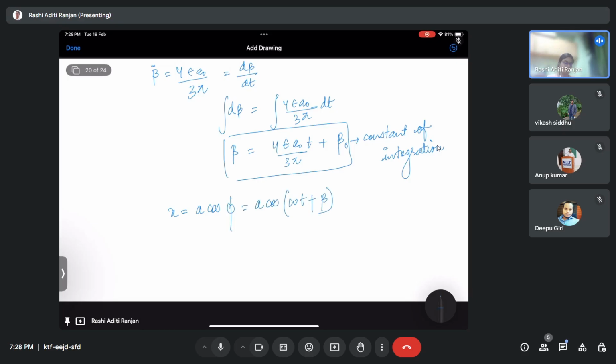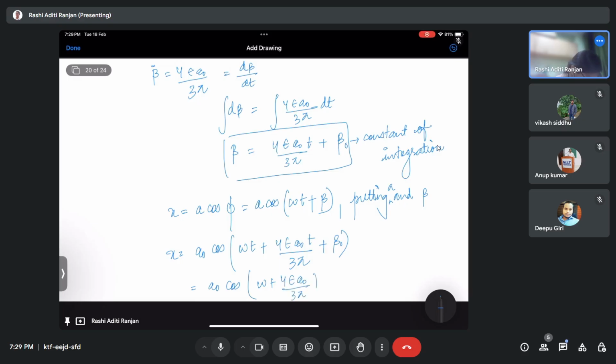We can put A and beta. So this is going to be my solution. I hope this is clear, no doubt.